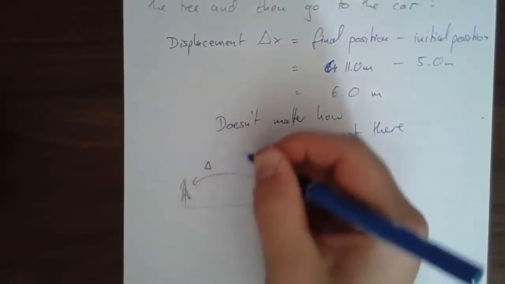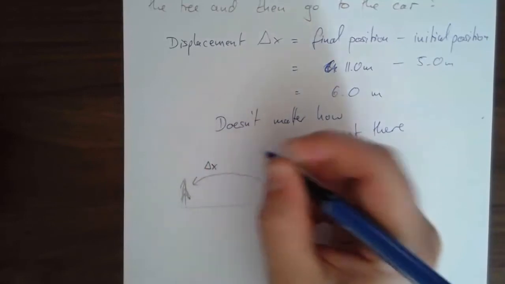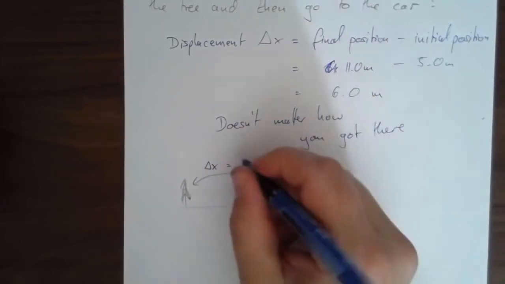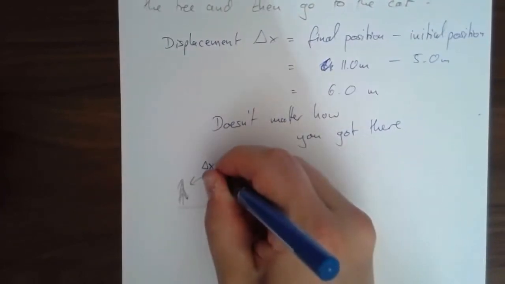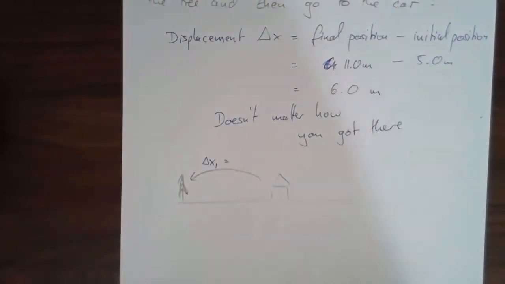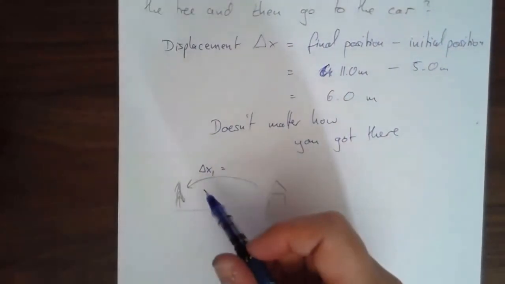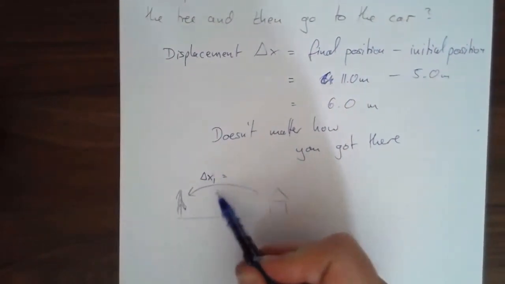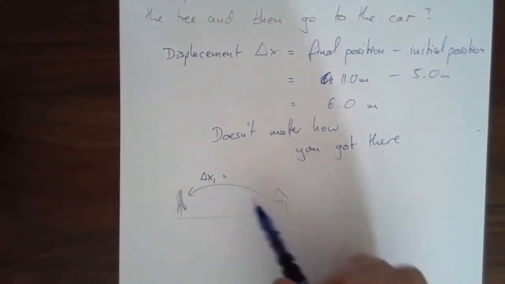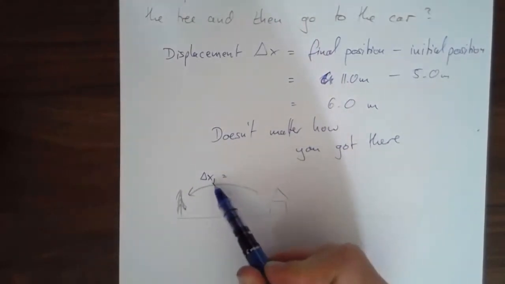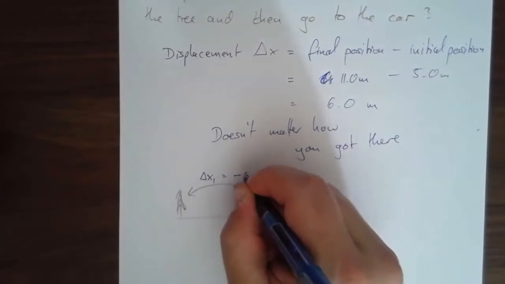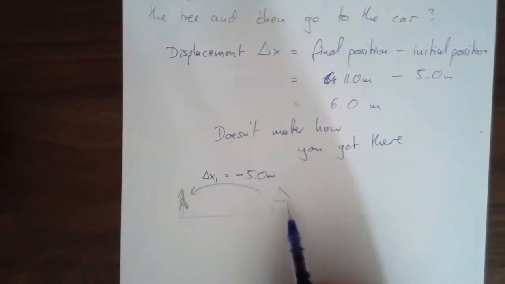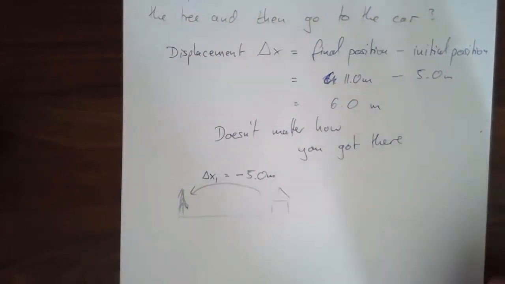This would be delta x1, now referring to the first part of the trip. So I'm not putting a circle around it. It's all in the blue coordinate system, all in coordinate system 1, but it's the first part of the trip. So I'm calling it delta x subscript 1. That would be minus 5. We start at 5, I end at 0.